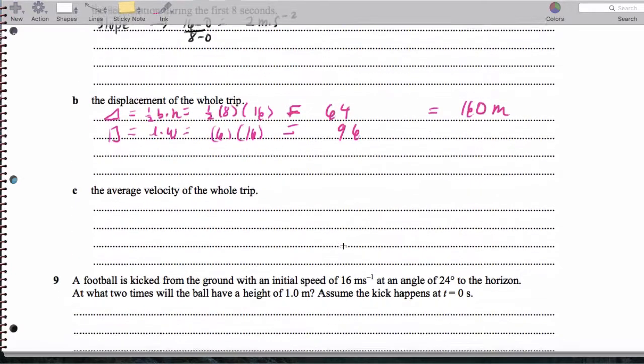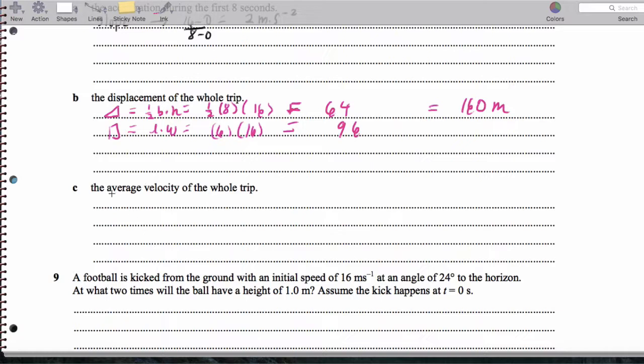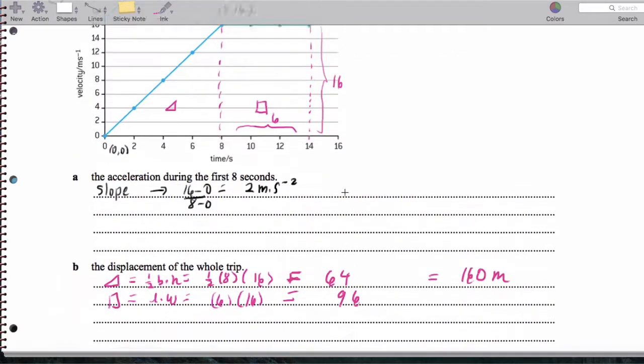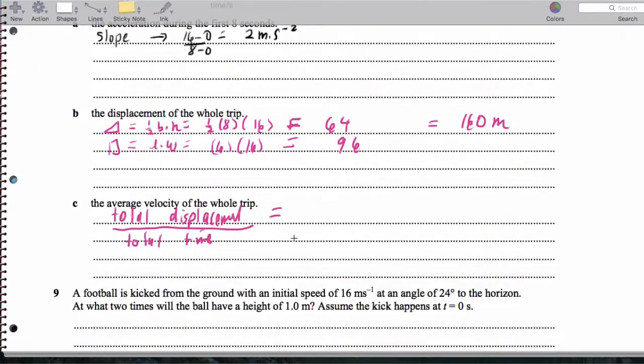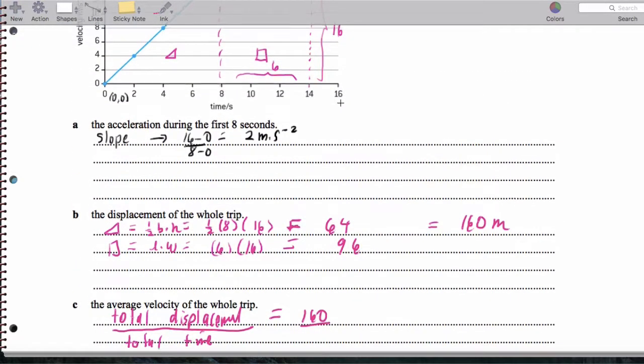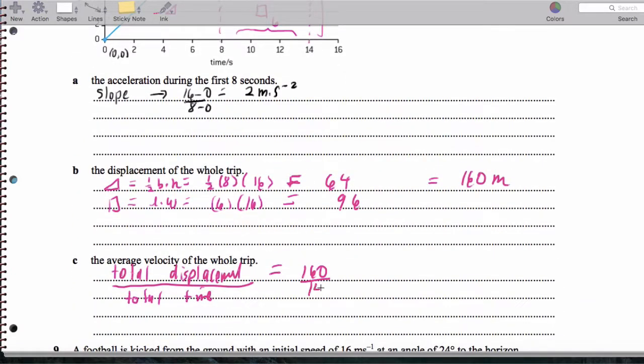All right. Now the average velocity for the whole trip, that's going to be the total displacement divided by the total time. So here, you're going to take 160 and divide it by your total time, which is 14 seconds.